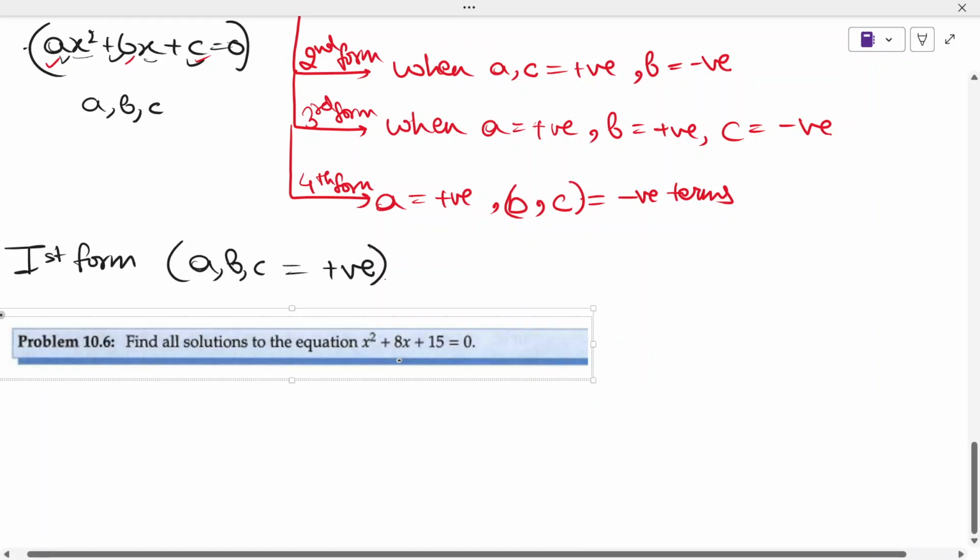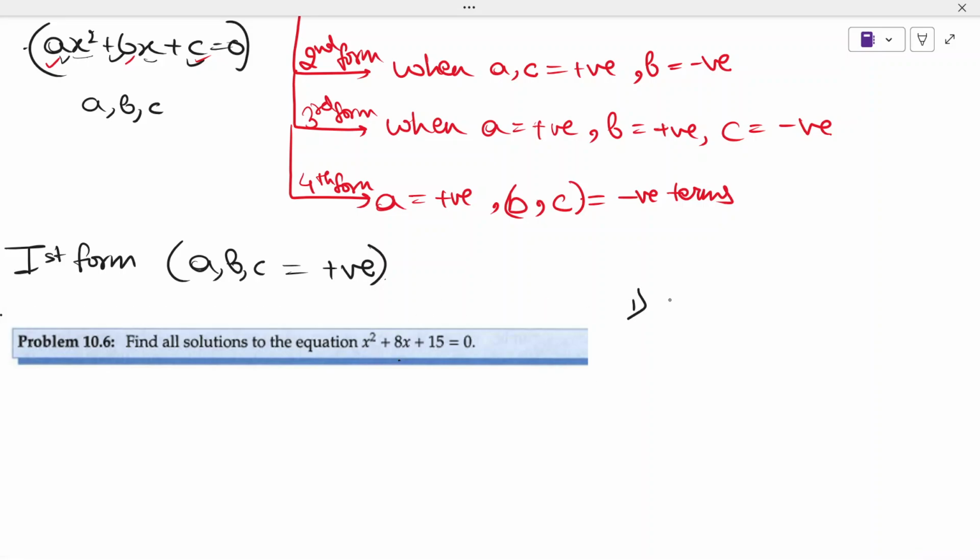Our first step is to write the coefficients. I am writing the general form ax square plus bx plus c equals 0. Now the first step is to compare the coefficients. Here a is 1, b is 8 and c is 15. a, b, c are all positive terms.